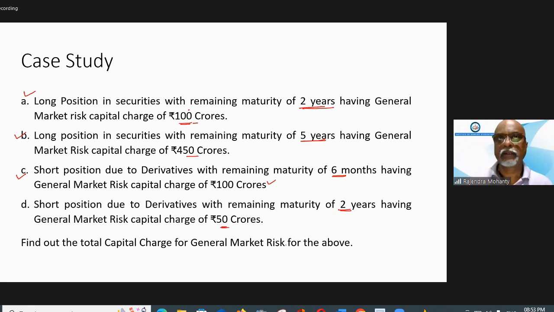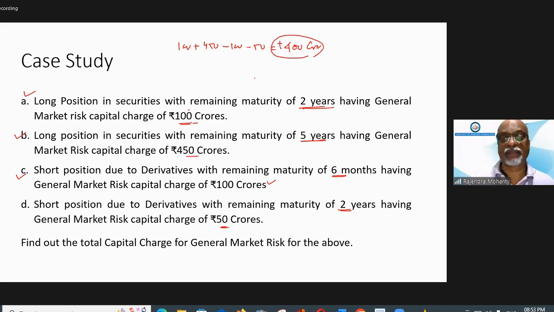So this 400 you are keeping, but you have to calculate the capital charge for general risk in addition to this 400. The 400 is the algebraic sum of all the things: 100 plus 450 minus 100 and minus 50, so plus 400 crore we are having.